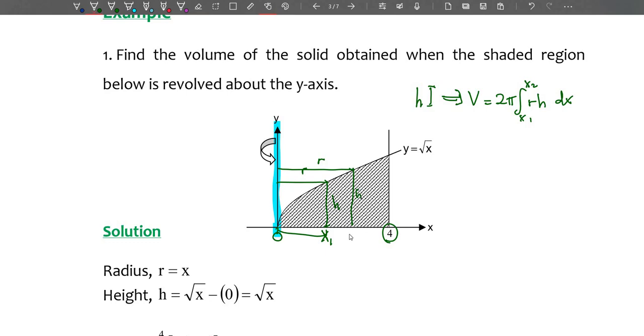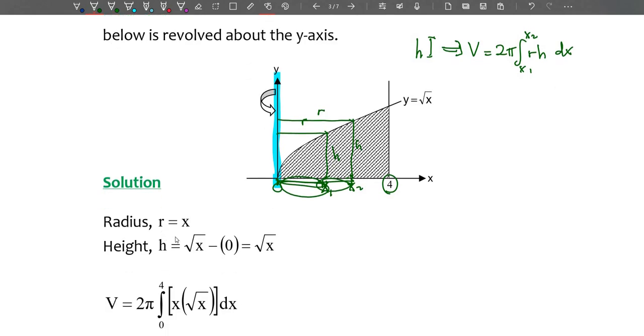This is the height, sorry, and here is S2. That means the radius will change with respect to x. That's why r equal to x. If you drag the line until here to draw the cylinder, this would be your r, so it refers to the value of x. So radius r equal to x.